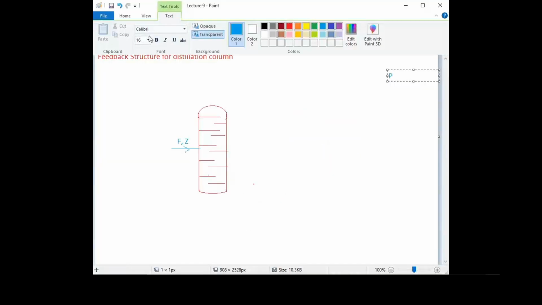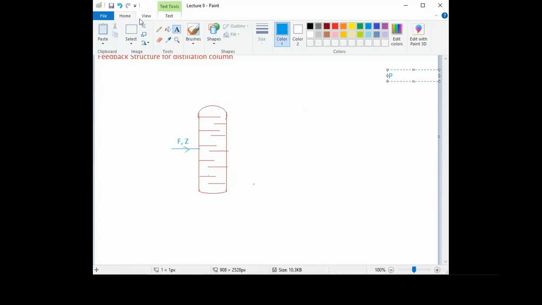We know that here we take out the vapors from the top tray, and this we will provide to the condenser for condensation, and then this will be stored in the reflux drum after condensation, right? So pressure at the top tray, this is also a controlled variable, right?